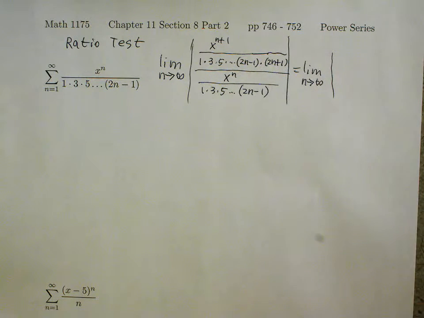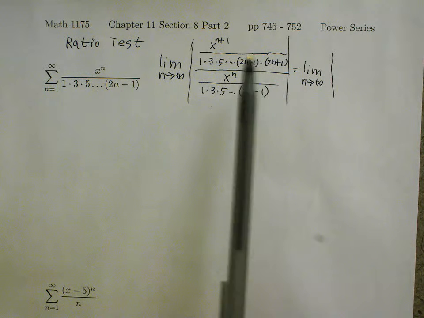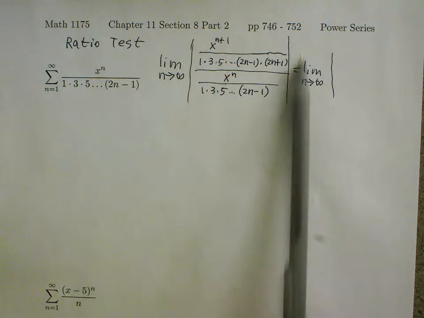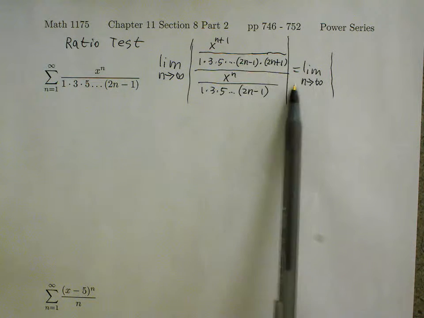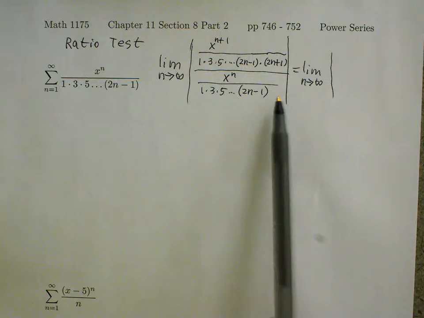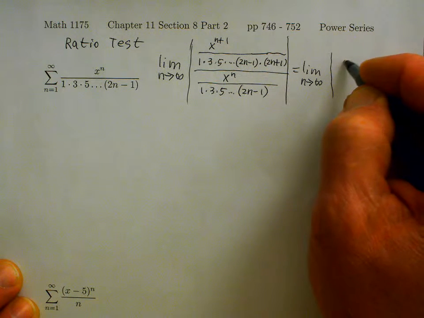I can write more detail if you want, or I'll just start out by explaining. If we multiply the rational expression in the numerator by the reciprocal of the rational expression from the denominator, we're going to get x to the n plus 1 divided by x to the n, which simplifies to x in the numerator.